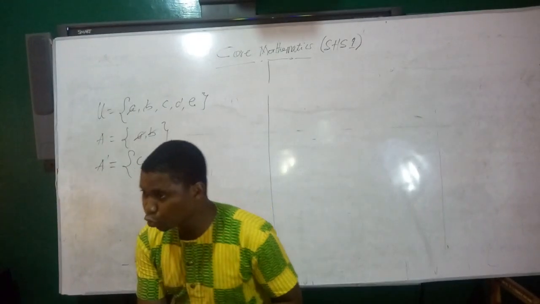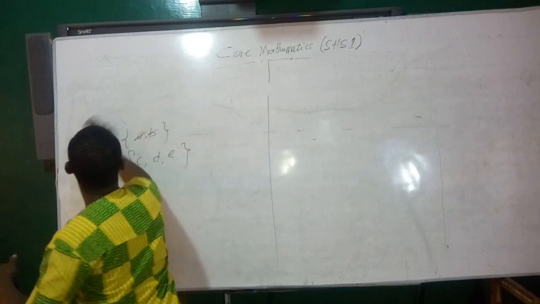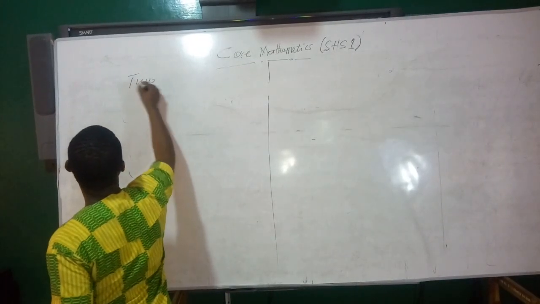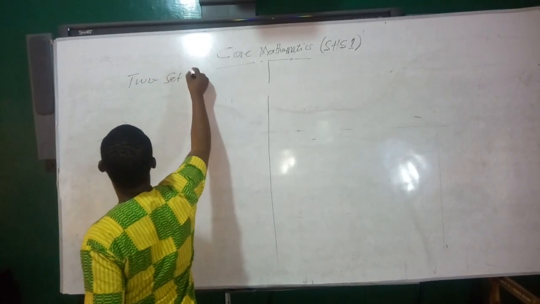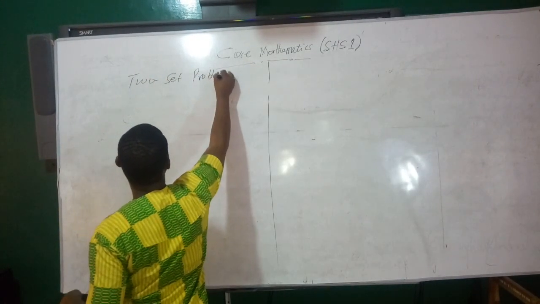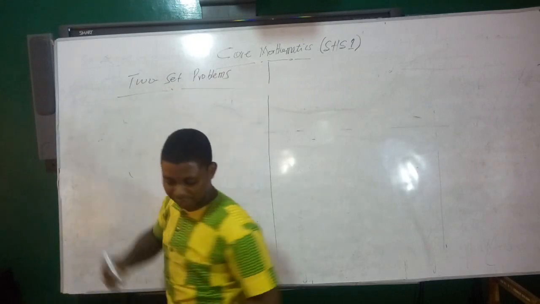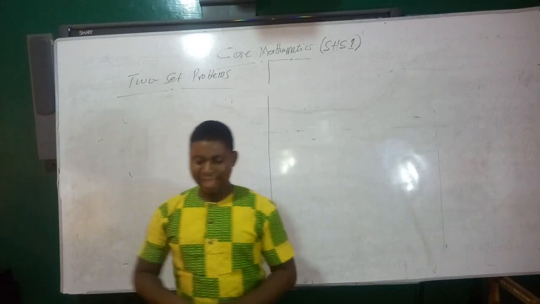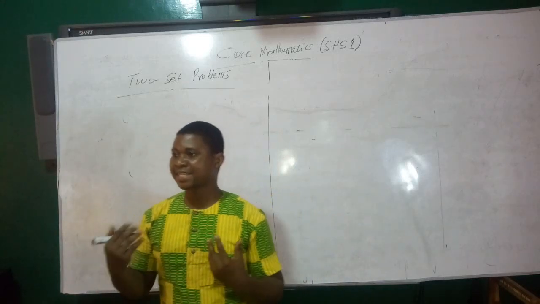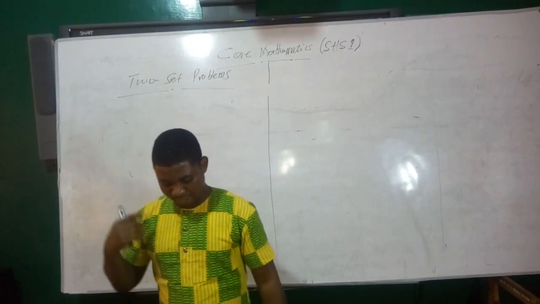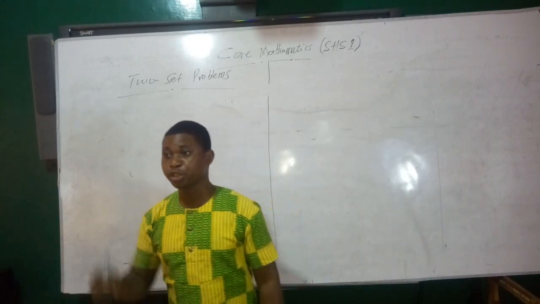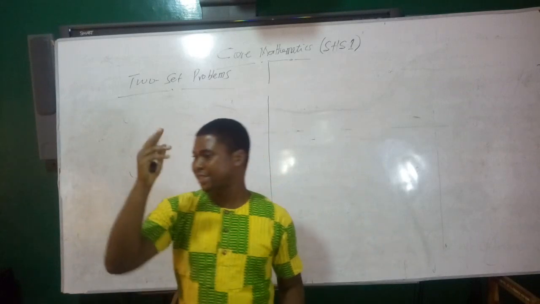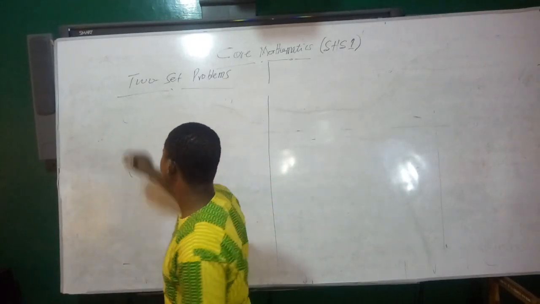So we move on to today's topic straight away. Two set problems. So let's go to the regions. If two intersecting sets A and B are subsets of a universal set U, then we can represent it in a Venn diagram as this.